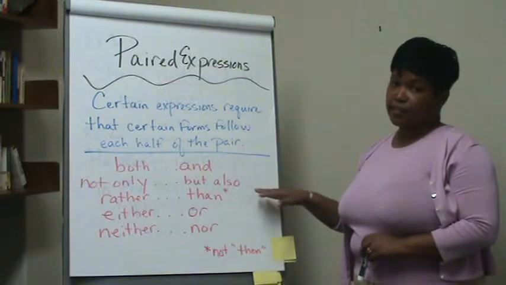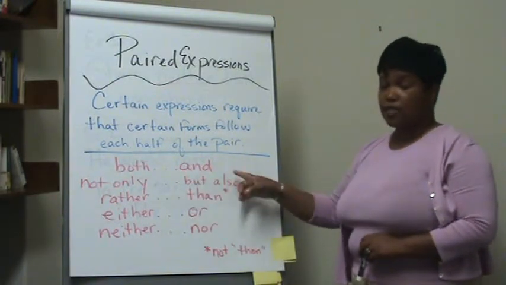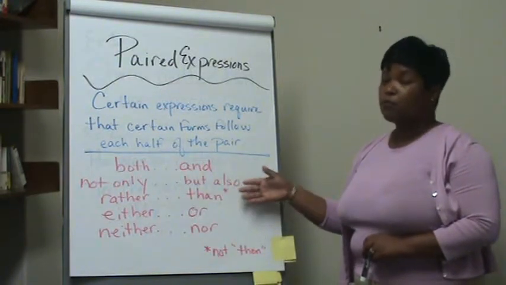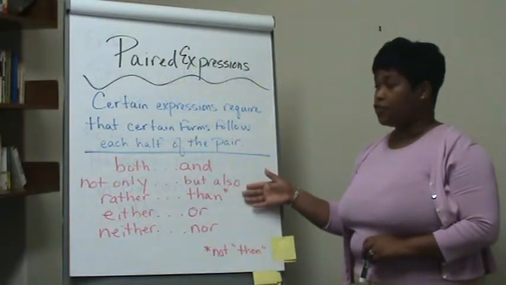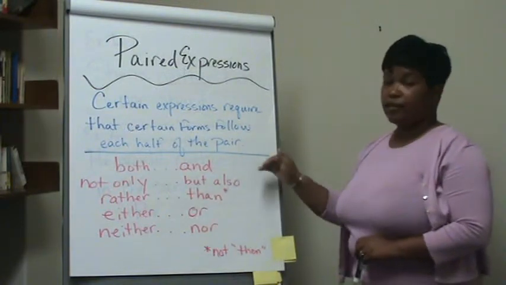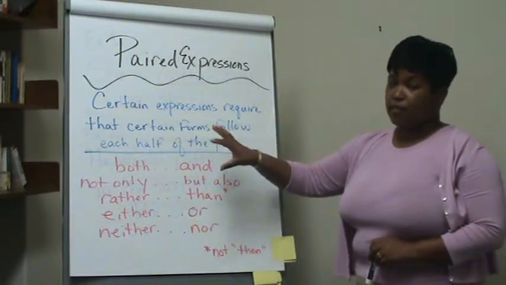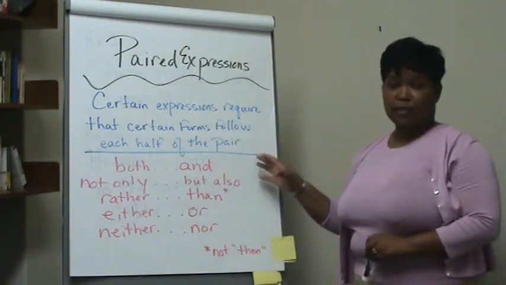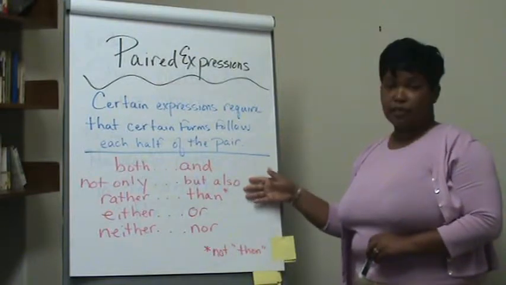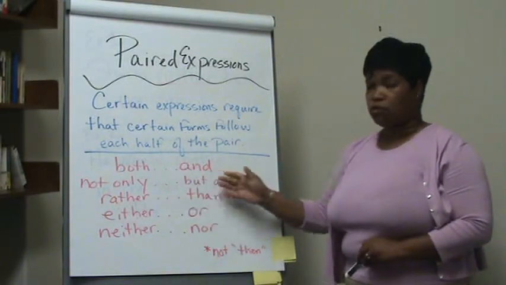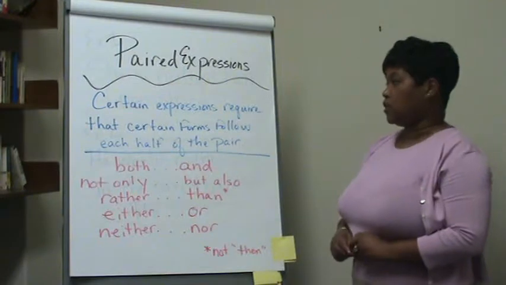That is not to suggest that every time you see these words, you have to use the other side of the paired form, but rather that you're recognizing that you're using comparative structures within your sentence. So you're going with basically a before and after or some type of interrelated, interdependent relationship that requires that you use both halves of these forms.